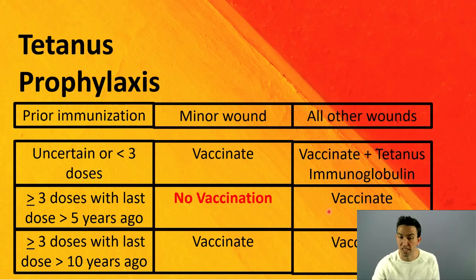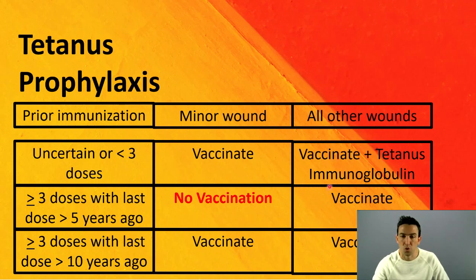Other than that, you're just given the vaccine, unless they've had more than 3 doses in the last 5 years, which is a common question in the emergency department, and we do update a lot of tetanus vaccines there. But the one that they always will get you on is, did you just give the vaccine or did you give the vaccine plus the tetanus immunoglobulin? And where that one comes into play is they were never vaccinated. They have no idea if they've gotten it or not.